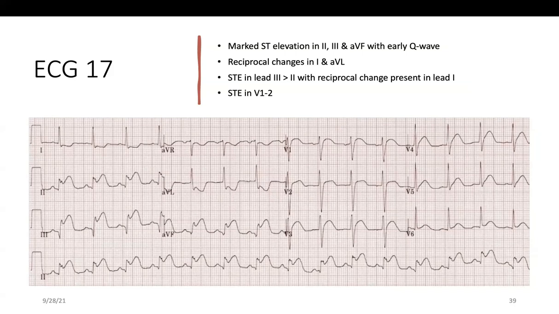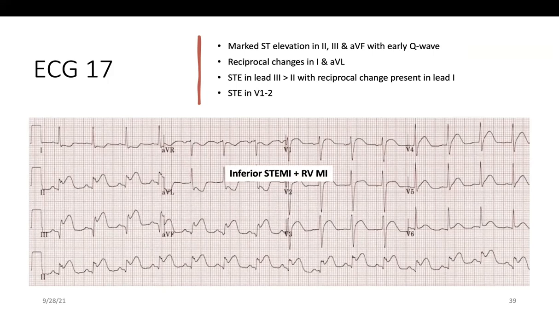The elevation in V1, V2, the left main. No. With inferior MI, what do you expect? RV infarction. Exactly, RVMI. RVMI may be ST elevation and sometimes ST depression. That's why you have to look for both. It may be isoelectric, it may be ST elevation, it may be ST depression.